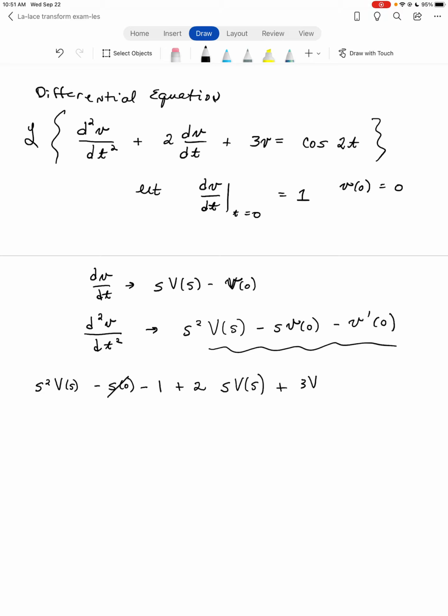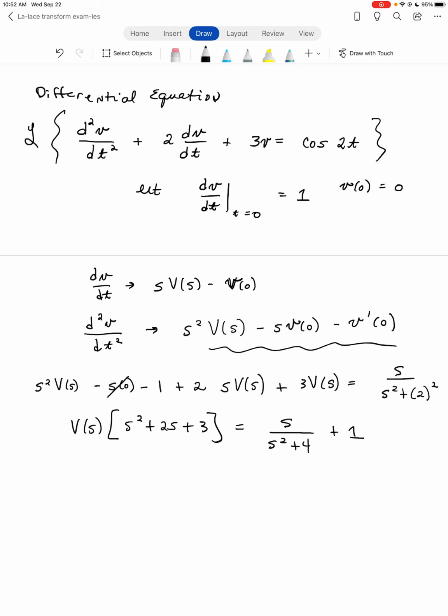That's going to transform to V(s), and that's equal to the cosine of 2t, which transforms into s over s squared plus 2 squared. Playing around with that a little, let's collect like terms on the left-hand side. I have V(s) times s squared plus 2s plus 3, and then we'll move this minus 1 over to the right-hand side, so that's equal to s over s squared plus 4, plus 1.